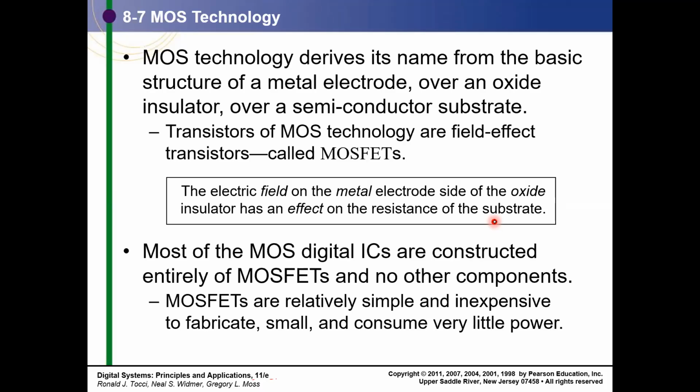MOSFETs are relatively simple and inexpensive to fabricate. They are very small and consume very little power. This is the characteristic of CMOS, that it consumes very little power. Earlier, in the old days, in the 80s, this technology was not as popular as TTL because of its current driving capability.